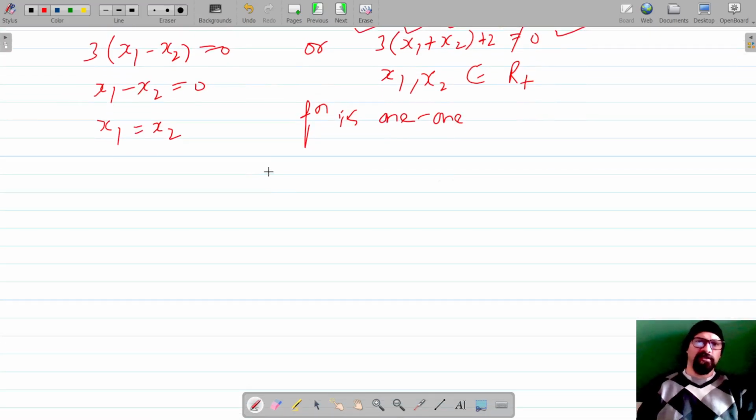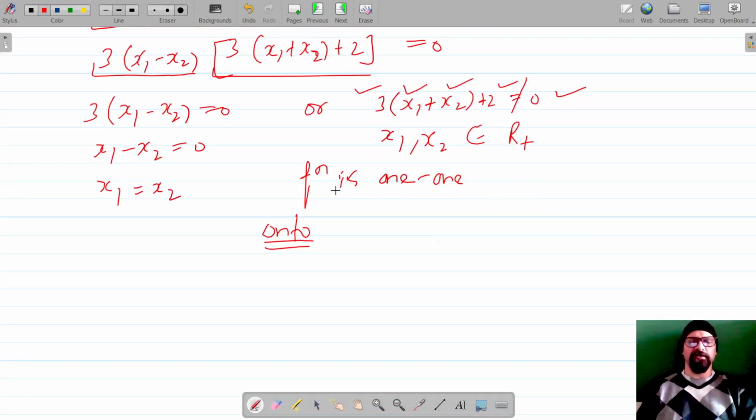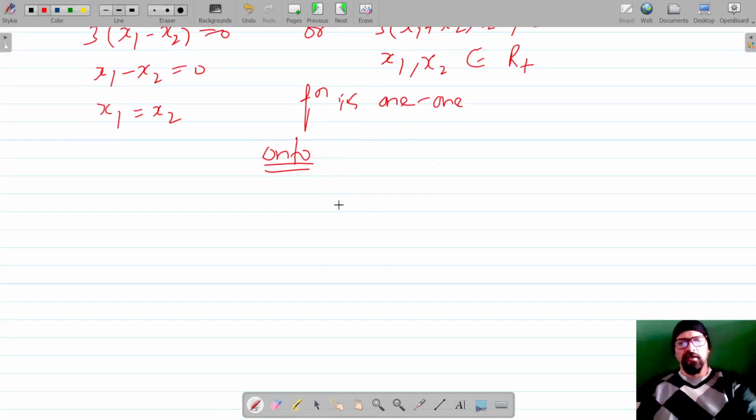Now let's check this function for onto, whether it's onto or not. How do we say that a function is onto? A function is onto when for every y that belongs to the codomain, there exists an x that belongs to the domain so that f of x is equal to y.